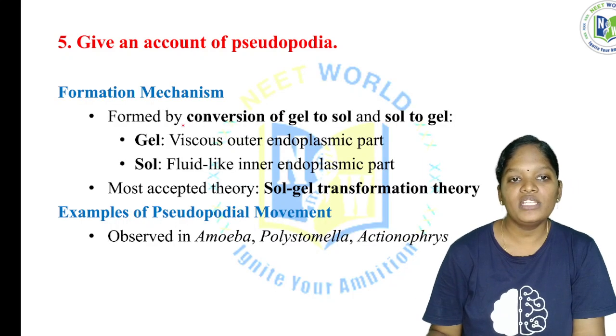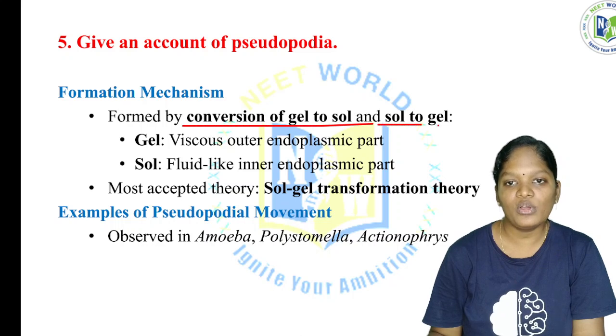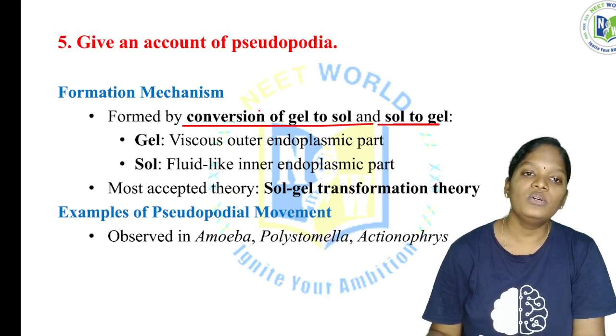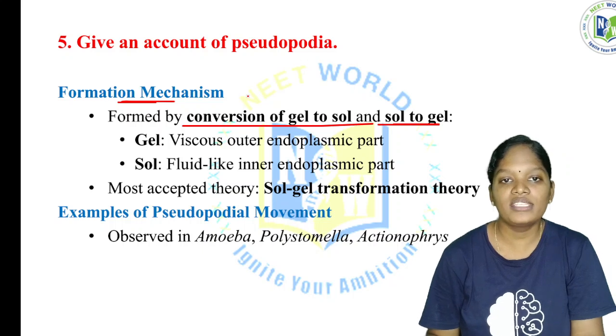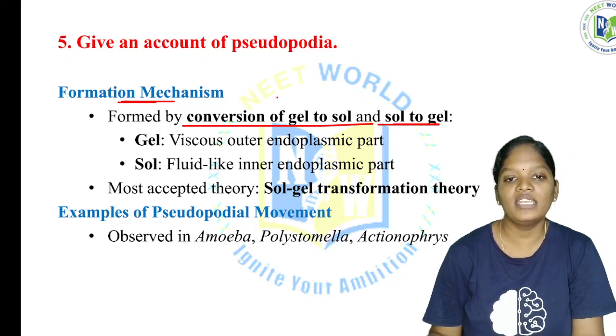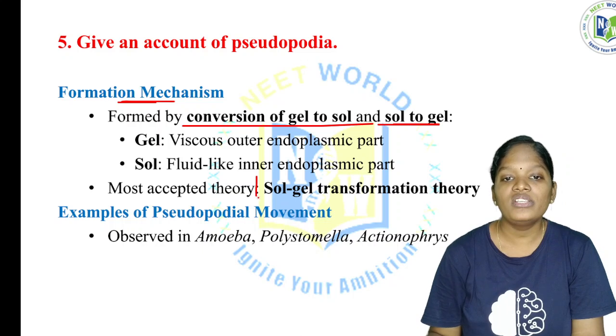The formation mechanism: it is formed by the conversion of gel to sol and sol to gel. This is how the pseudopodia develop. The name of the theory is the sol-gel transformation theory.